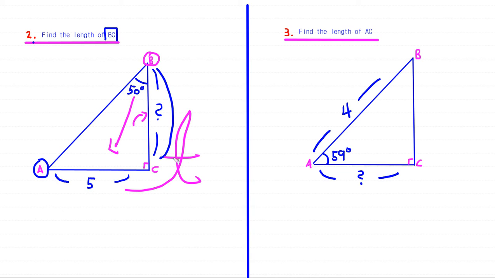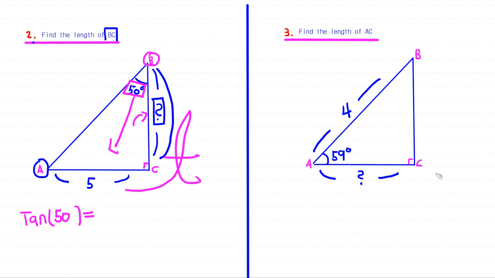We got it by drawing tangent. So if you make an equation to solve for this missing side, it is going to be equal to the tangent of theta, which we will input as this center angle, which is 50 degrees.